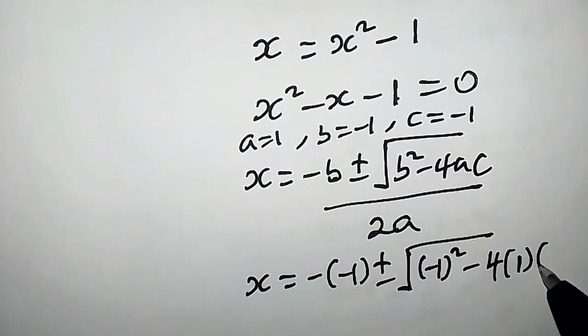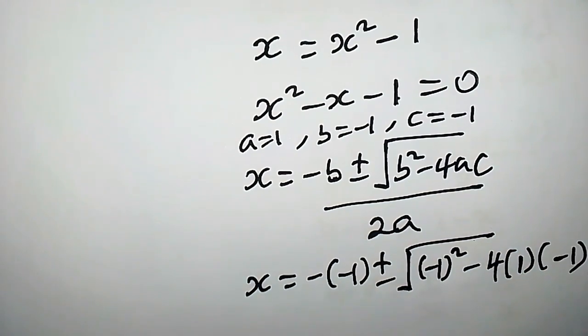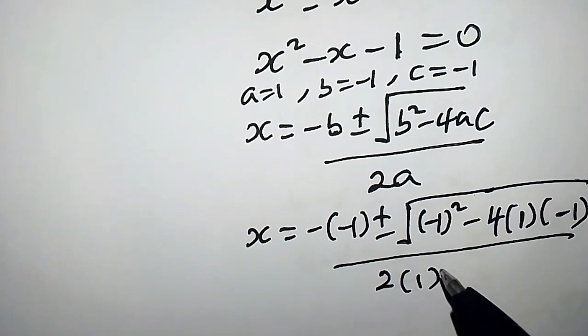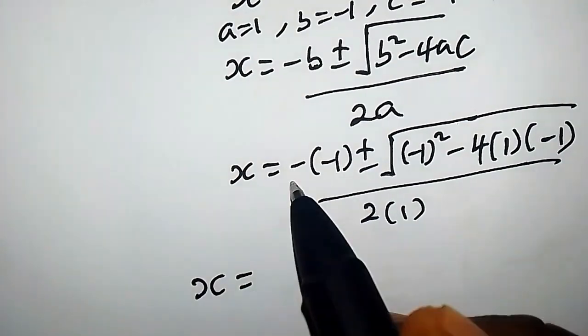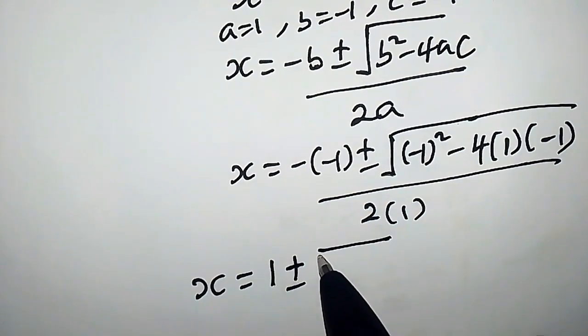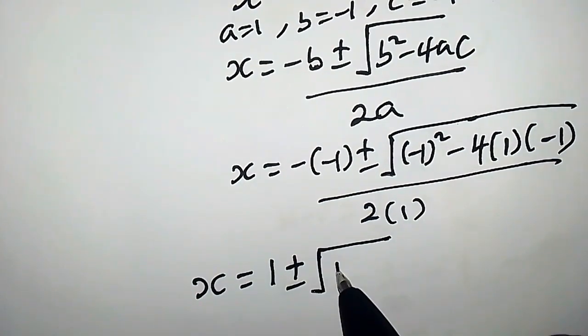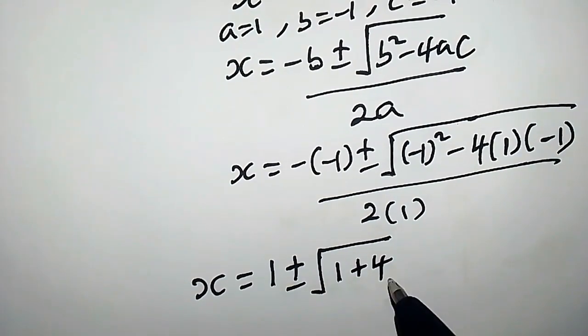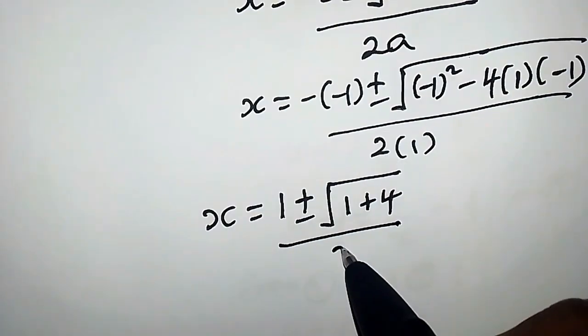It is 1, times c. c is -1, over 2 times 1. So x is equal to minus times minus 1, that is 1, plus or minus square root of -1 all square, that is 1, minus times 4 times -1, that is plus 4, over 2.